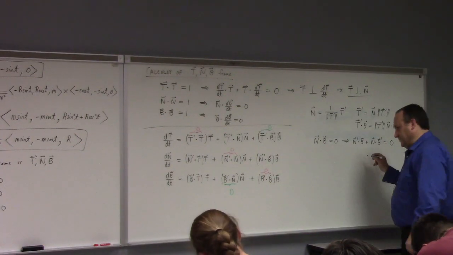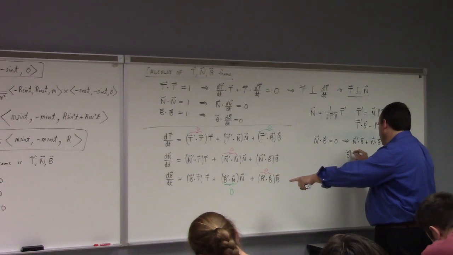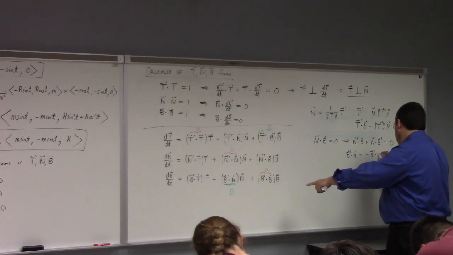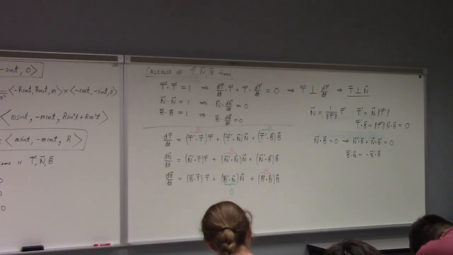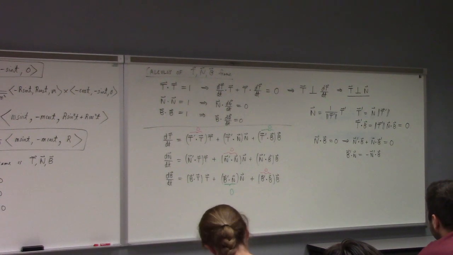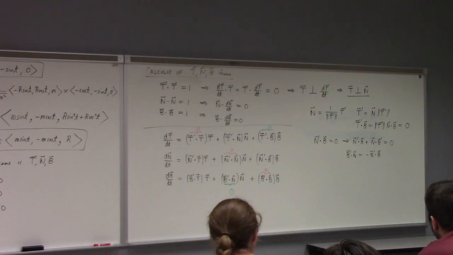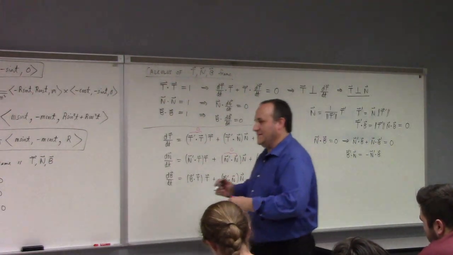So this shows me that b prime dot n is equal to minus n prime dot b. But what's n prime? It doesn't, I mean, yeah, this doesn't help me. I tried. All right, I tried. Didn't help.